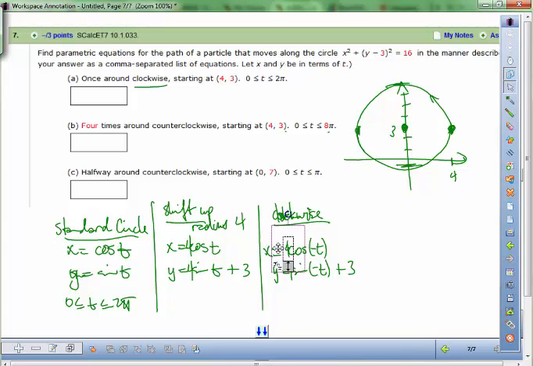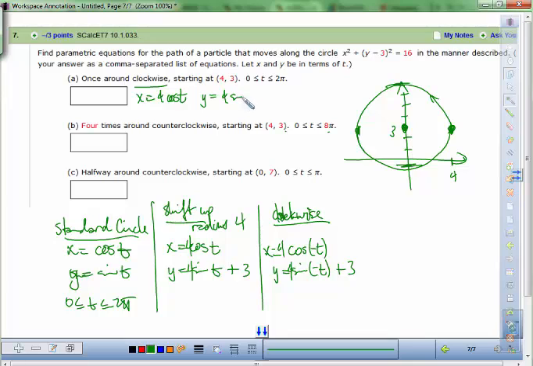All right, so that's a clockwise business. So again, I'll probably put x is equal to 4 cosine t, y is equal to 4 sine negative t plus 3, or something like that.